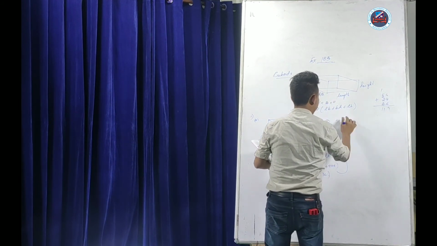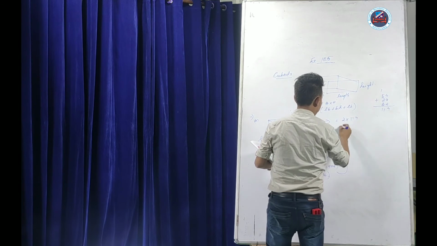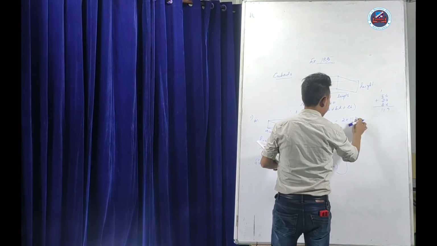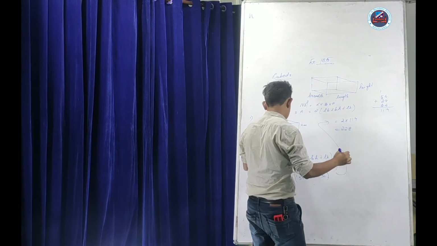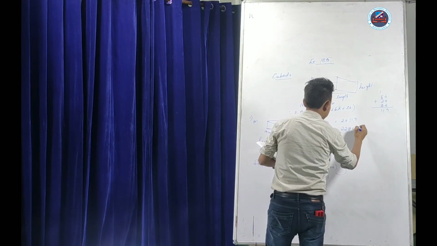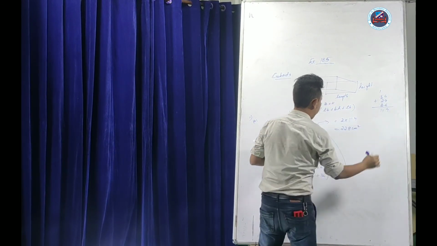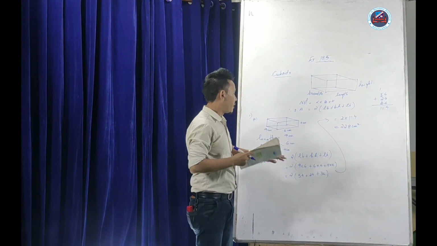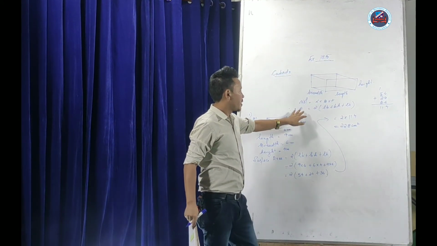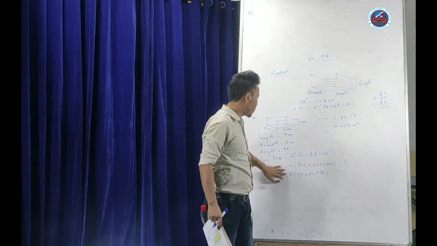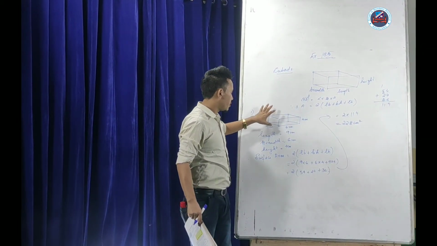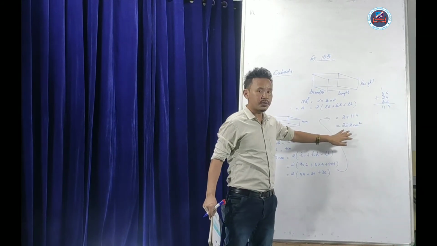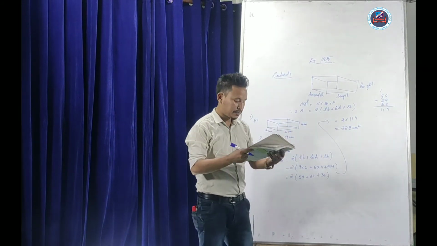So we get 2 into 114, which gives us 228 centimeters square. So by using this formula, the surface area of a cuboid, we have calculated the surface area of this particular cuboid, that is 228 centimeter square.